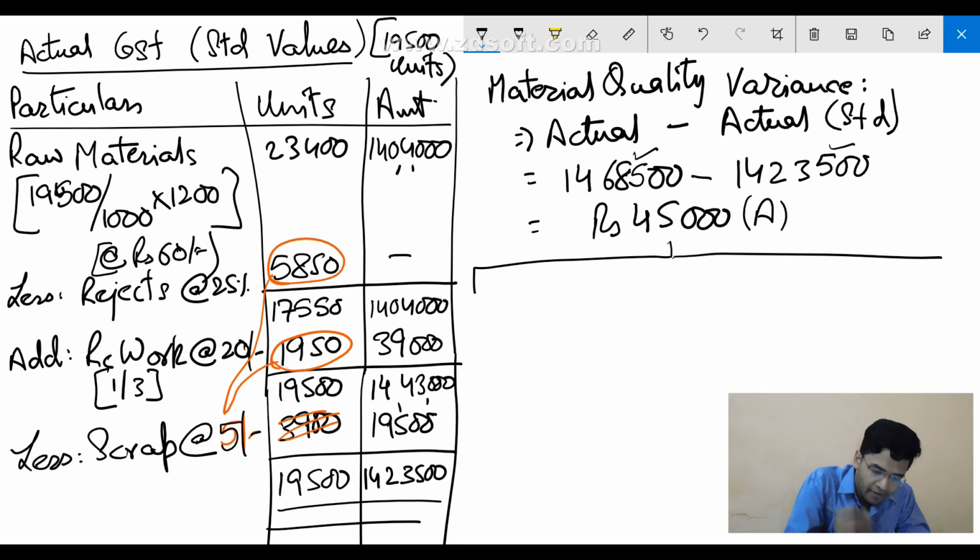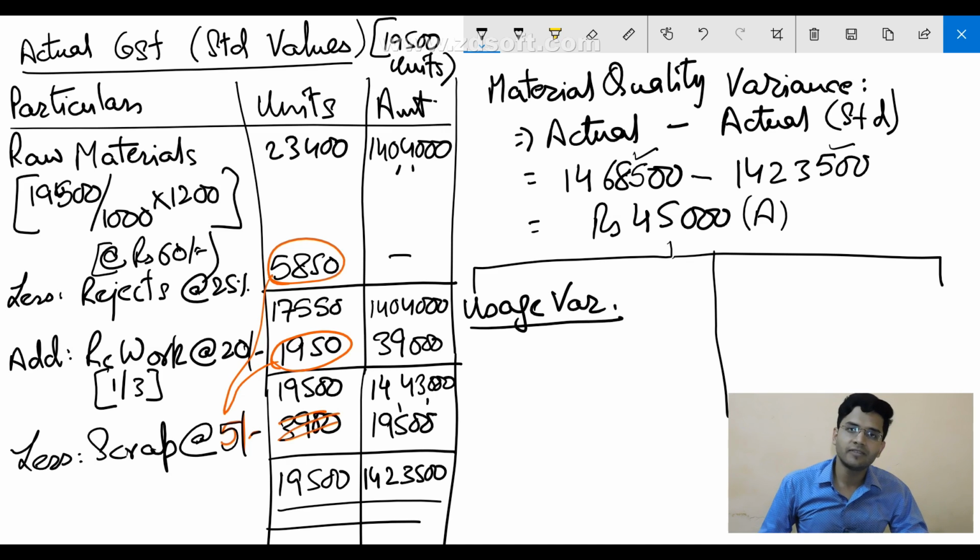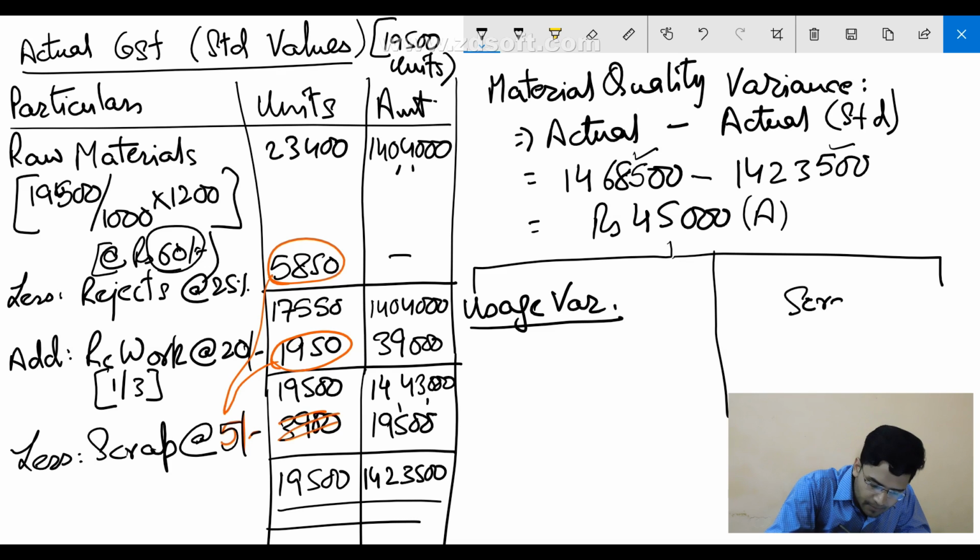Now I will bifurcate this variance into three parts. First is the usage variance. Let me tell you that in this question price variance will not come because price remains 60 irrespective of number of units. So sir, what will be the other two variances?